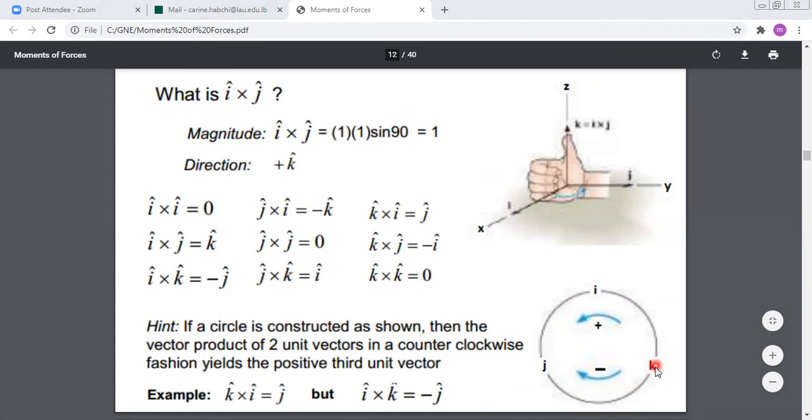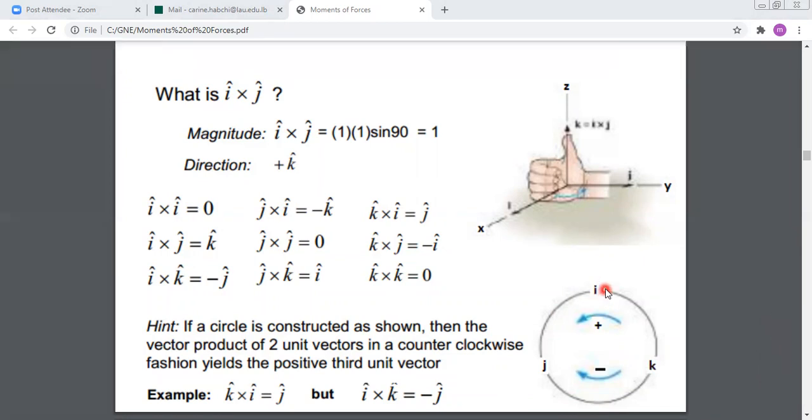If I do K vectorial J, for example, I am turning in the negative direction, it will give me minus I, okay? And I can also do it in my head.